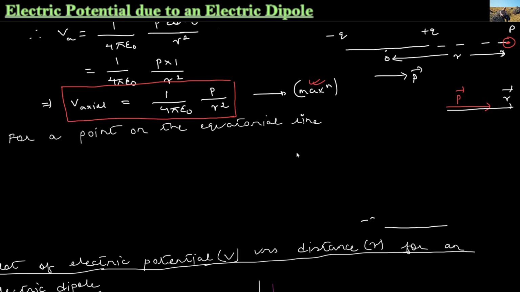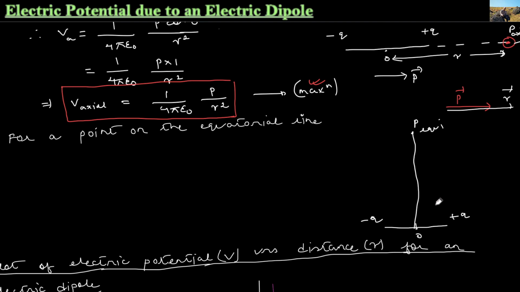This is minus Q, this is plus Q. This is the center O of the dipole, and this point P is located along the equatorial line.